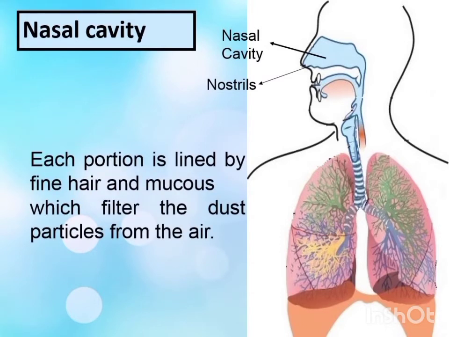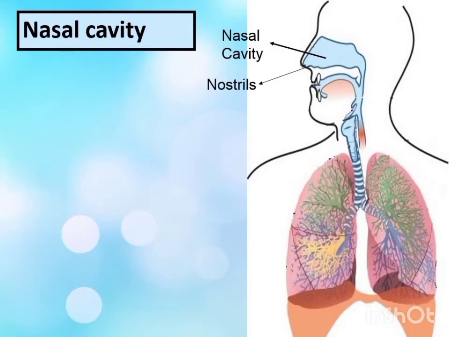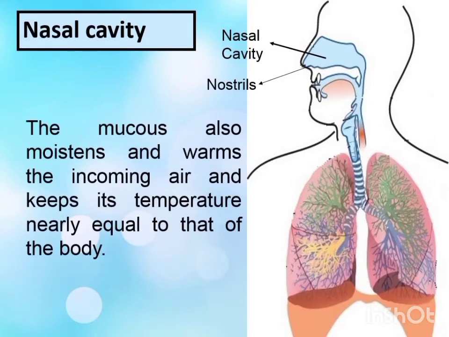Each portion is lined by fine hairs and mucus which filter the dust particles from the air. The mucus also moistens and warms the incoming air and keeps its temperature nearly equal to that of the body's temperature.